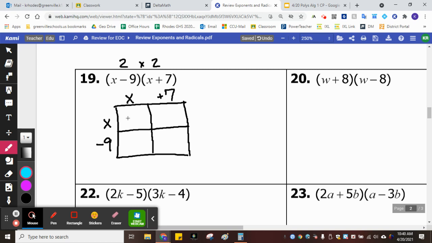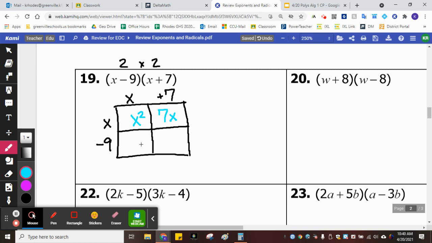So x and x will be x squared because there's 2 x's. 1 x here, 1 x here. X times 7, 7x.